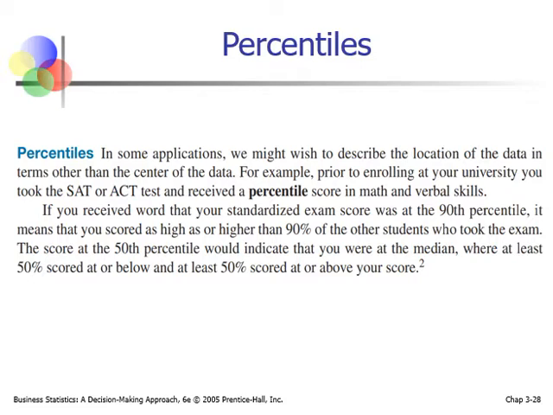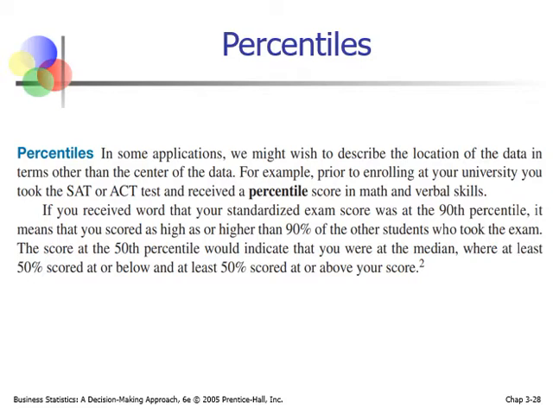I will rephrase that. So, percentile is like this. Based on the example here, it shows where your data is located as compared to another data set. For example, you took an entrance exam. If you took an entrance exam at CSU and then you receive the result and it says that you are at the 90th percentile, it means your score is higher than 90% of other students.